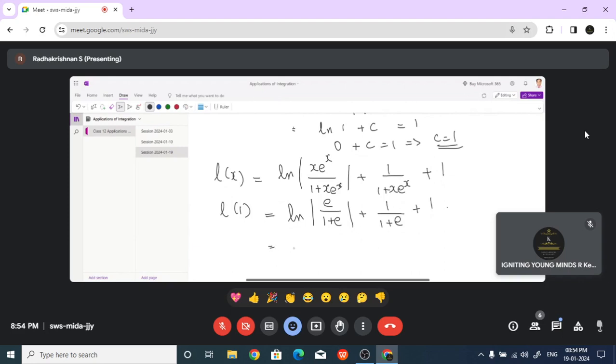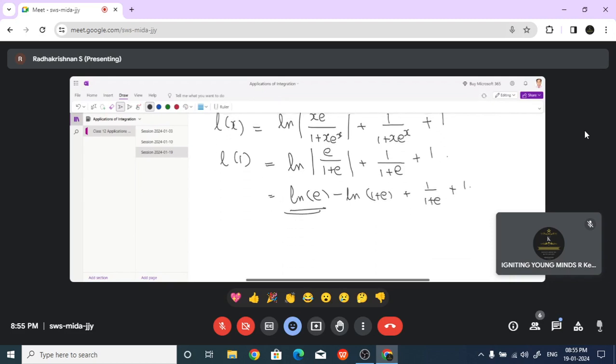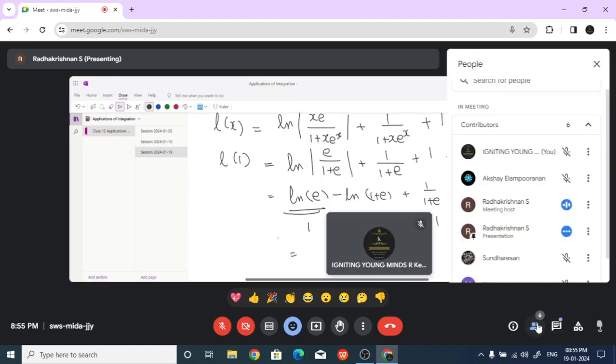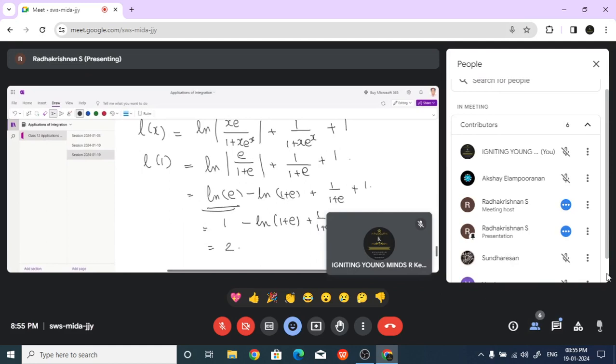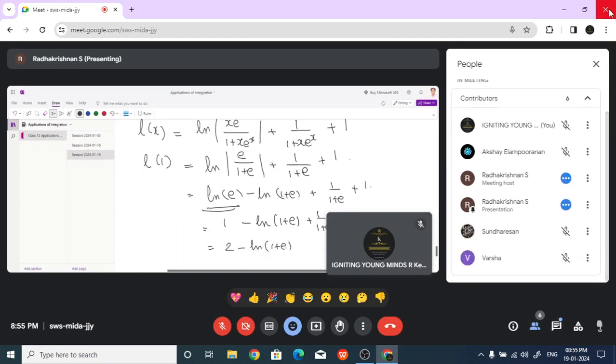So this is equal to ln e minus ln (1 plus e), plus 1 by (1 plus e), plus 1. But what is ln e? ln e is 1, right? That means this is equal to 2 minus ln (1 plus e) plus 1 by (1 plus e).